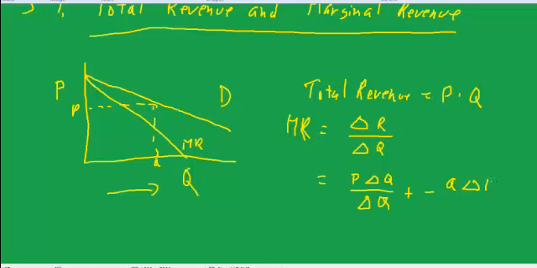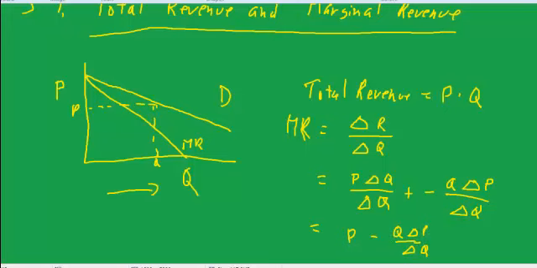If our snow cone salesman wants to sell a little bit more output, he has to lower the price a little bit. He has to lower the price for everybody, not just for the one additional unit of output. And so there's this negative component. And so we have P minus Q delta P over delta Q.